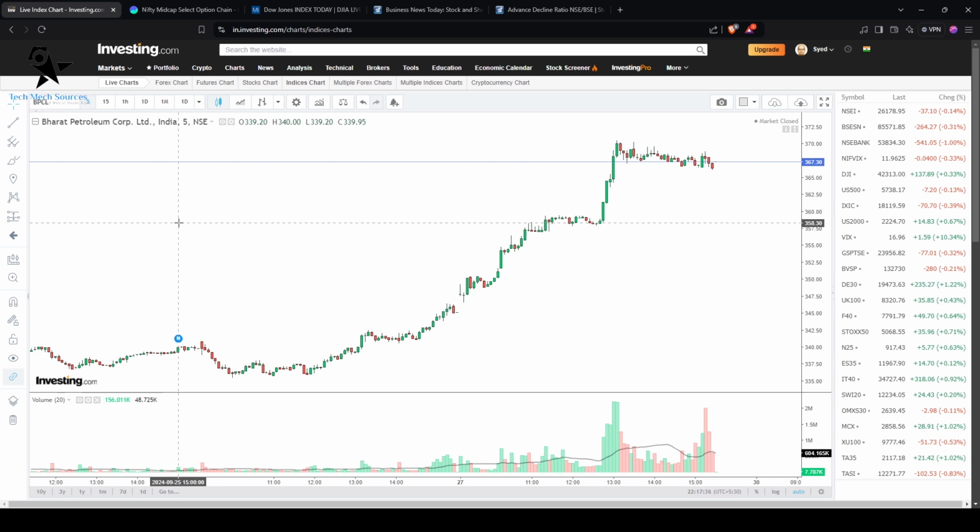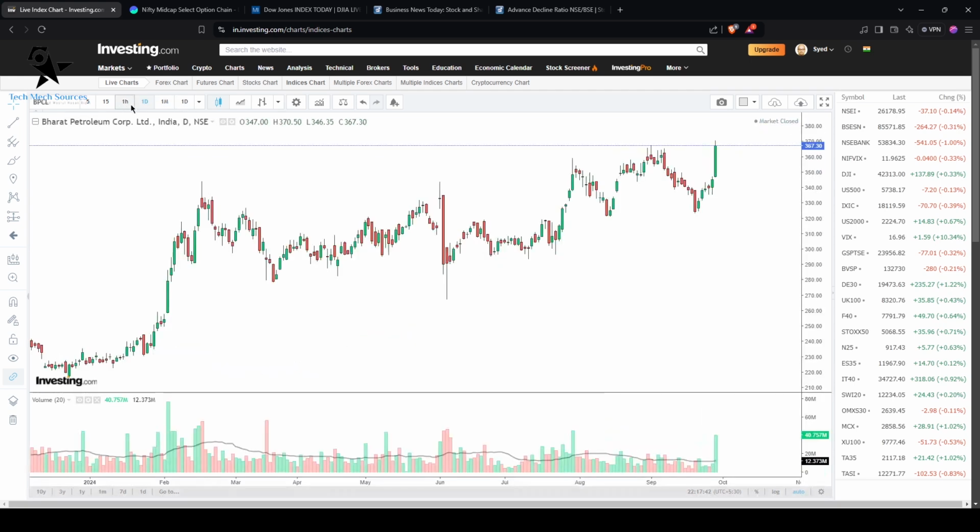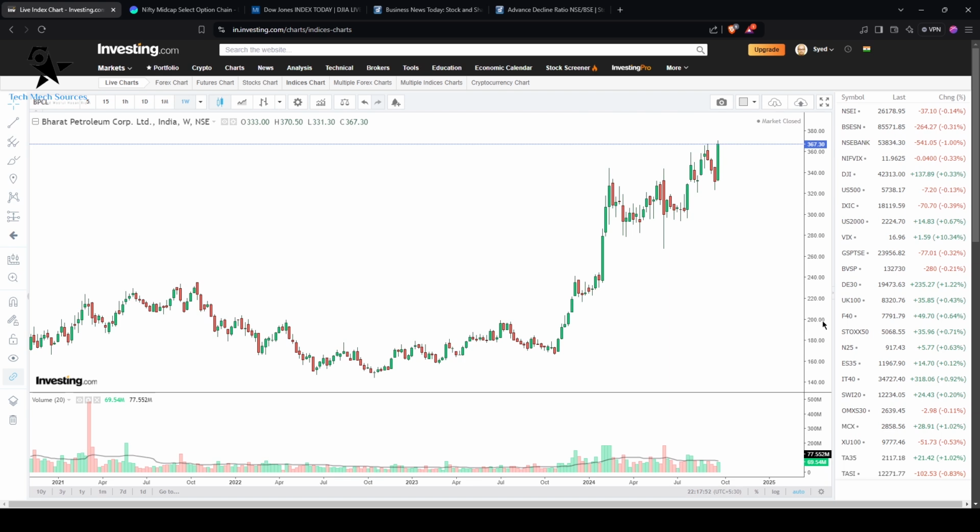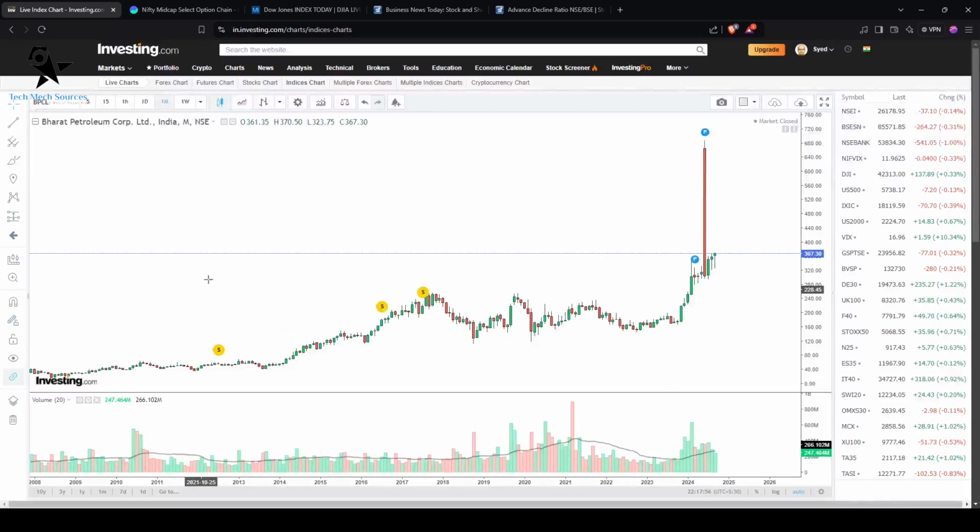BPCL is huge. So I went to the Money Control site, I saw the most active stock, I went to BPCL. Now, if I see the chart here for BPCL, this is the daily chart. We can see this is on the highest side. What about the weekly chart? Again, it is on the highest side.